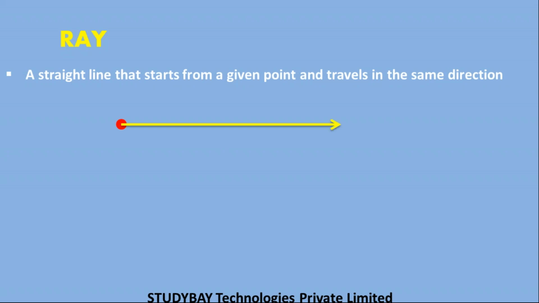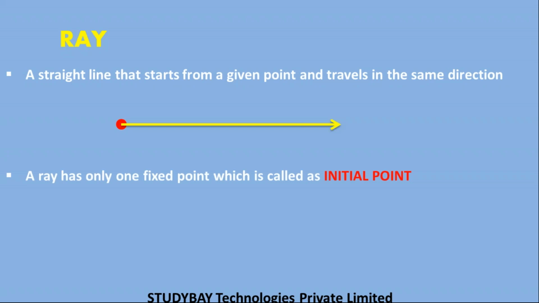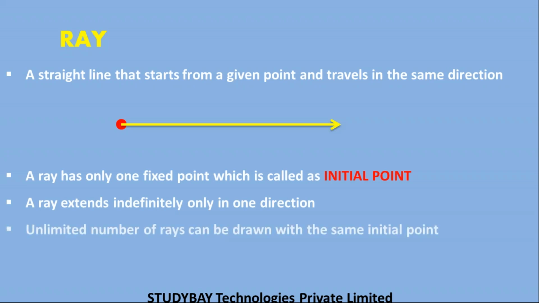Remember that in a ray we have only a one-sided arrow. A ray has only one fixed point which is called the initial point. A ray extends indefinitely only in one direction. An unlimited number of rays can be drawn with the same initial point.